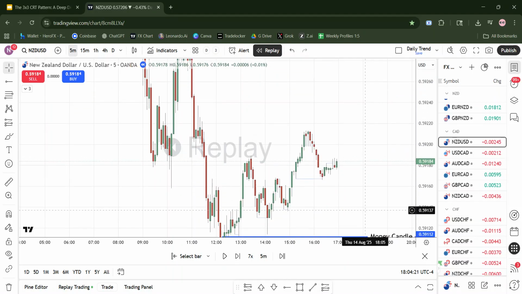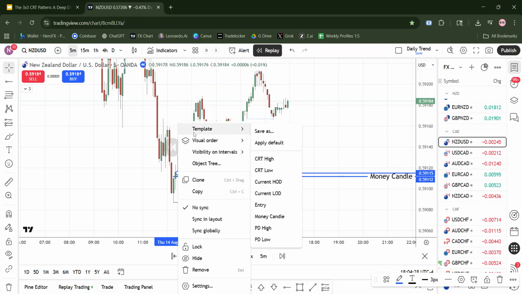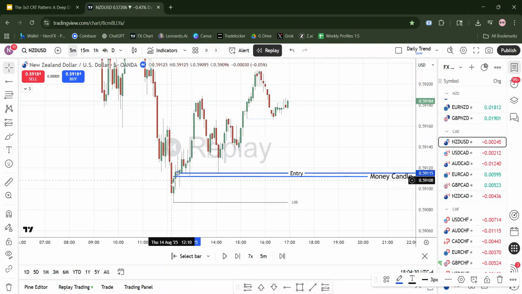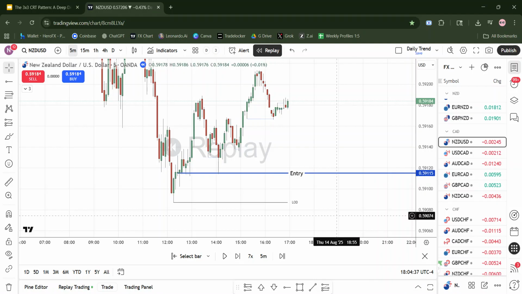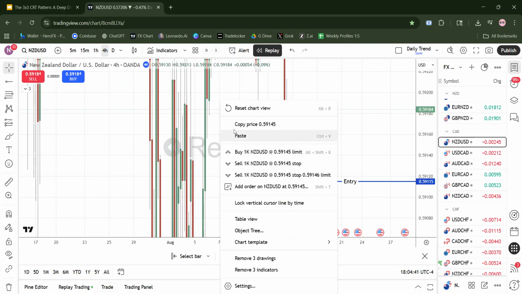The close above it happened in the very next 5 minutes, so your entry would have been at 12:25. Okay, so I'll get rid of the money candle. We see that, so that's fine. We don't really need that anymore. Now I'm just concerned about the entry, so let's go back to the 4 hour.